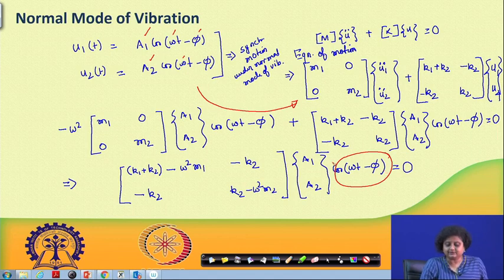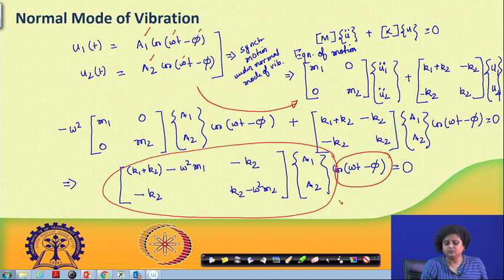Therefore, this other part has to be equal to 0 in order to satisfy the right hand side. Now, let us see what we do next.